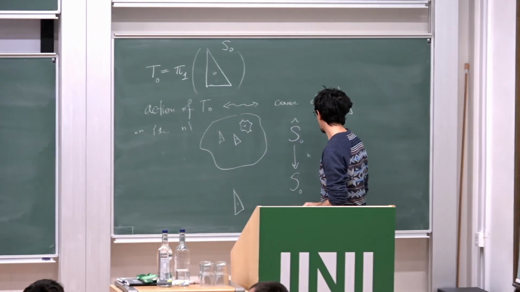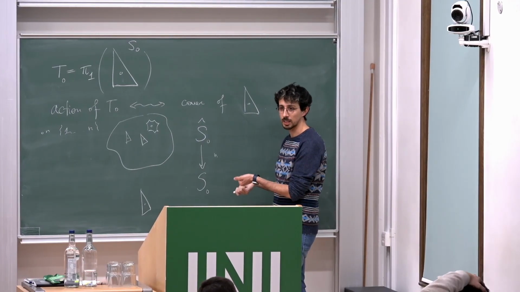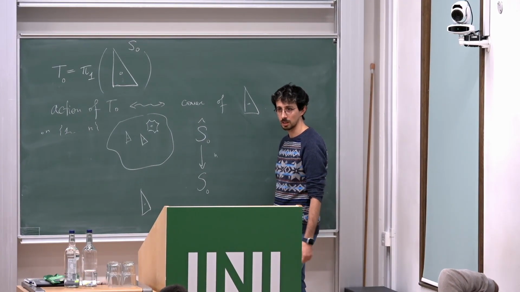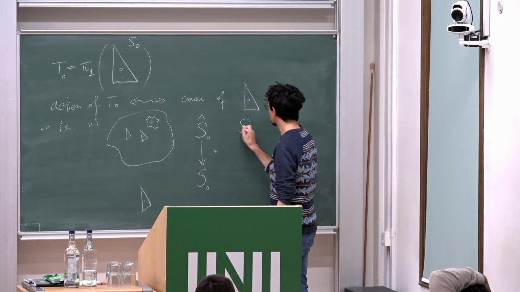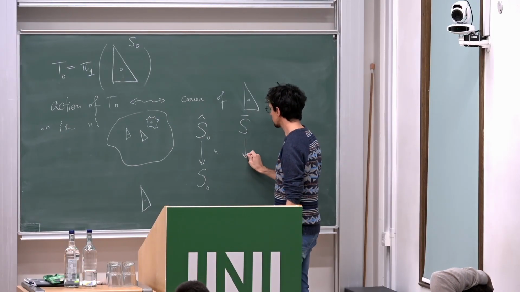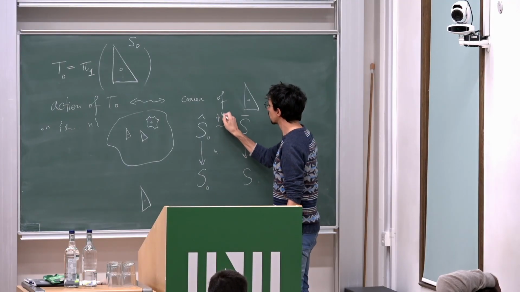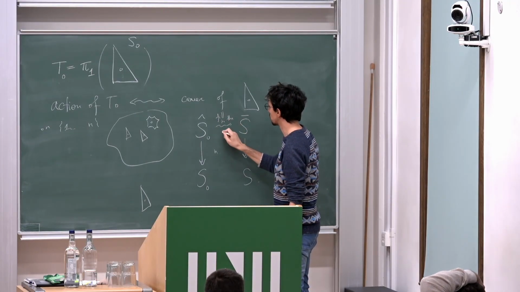Okay? And what we're going to do now is just fill in this point. I can get a branched covering instead. So maybe this is like this. It covers S. So this is filling in the missing points.